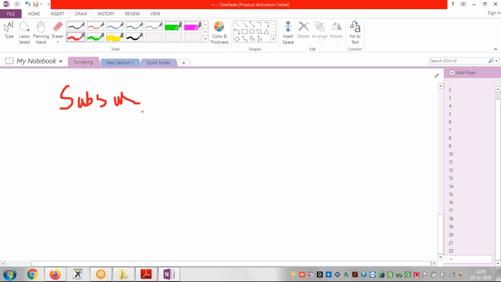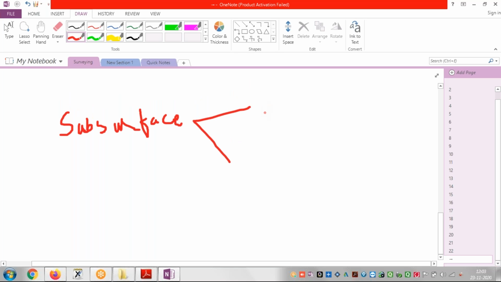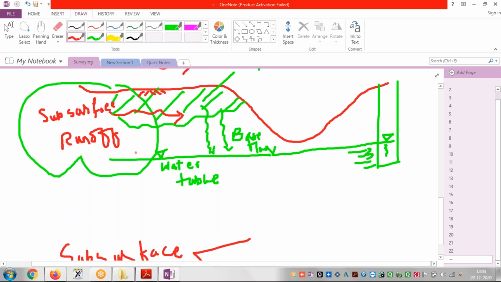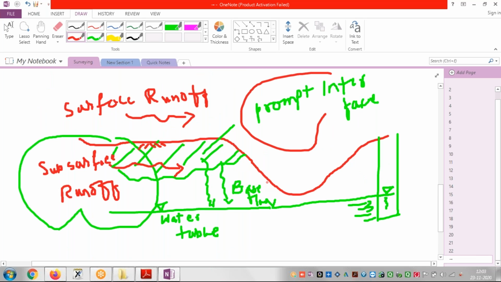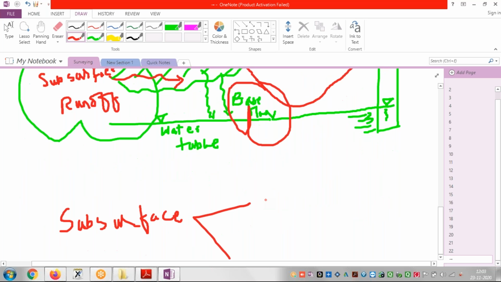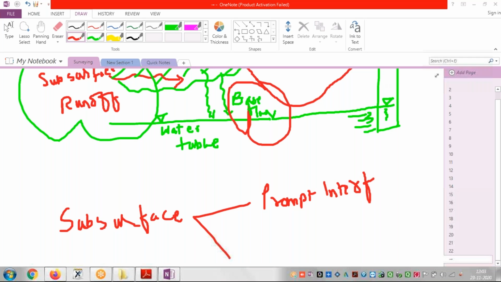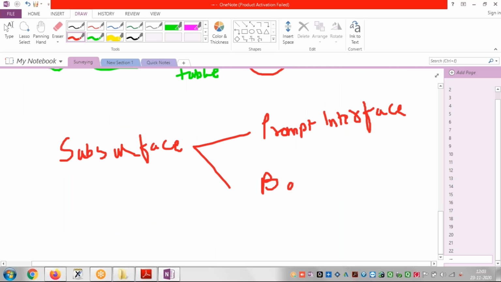Yeah, so subsurface runoff is of two categories. The first one is prompt interflow, and the second one is base flow.